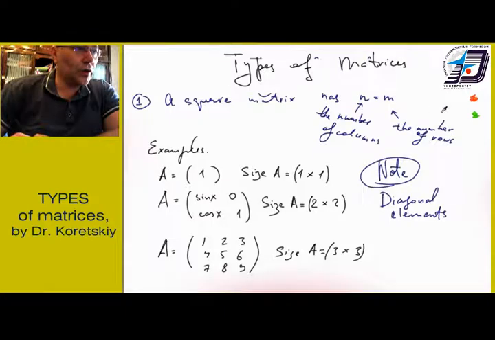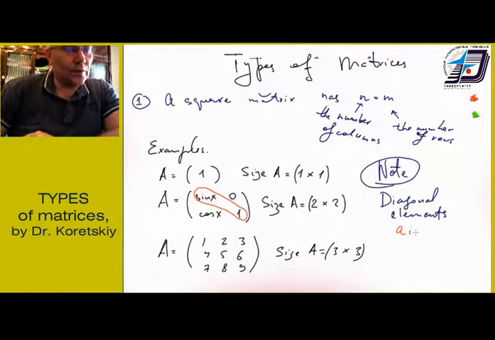Elements which are located along the diagonal of the matrix, I can denote them a_ii, for example.